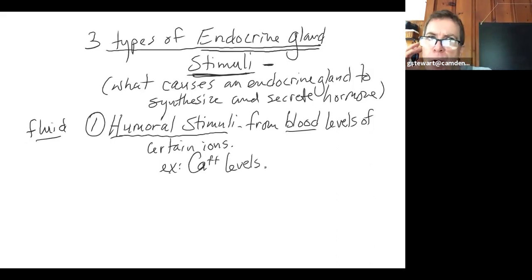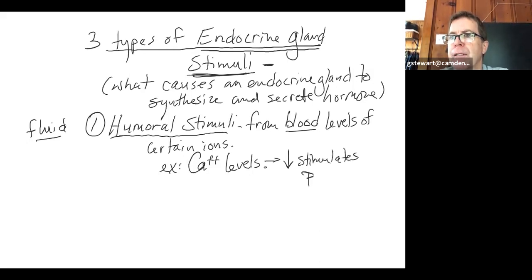If you remember, when calcium blood levels drop, it stimulates parathyroid hormone to be secreted from the parathyroid gland. So calcium levels, when they decrease, it stimulates, I'm just going to write PTH, parathyroid hormone, to be secreted. And that eventually raises blood calcium levels.